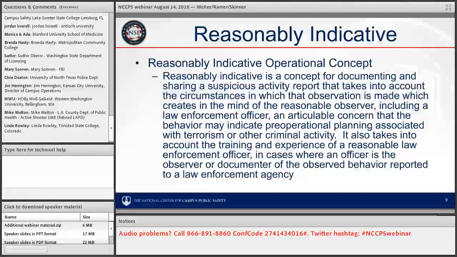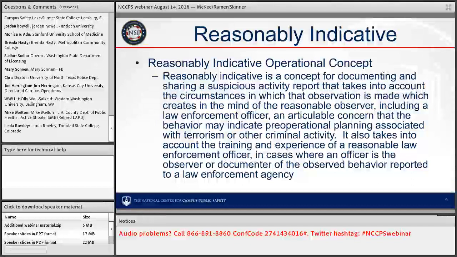So when we talk about potential terrorist activity, we use the term, is it reasonably indicative of pre-operational activity, to get the standard as to whether or not it should be shared. And sometimes that's a little bit confusing to people. So this is the definition that came out in the latest version of the functional standard. And as you can see, it's not a real high bar.